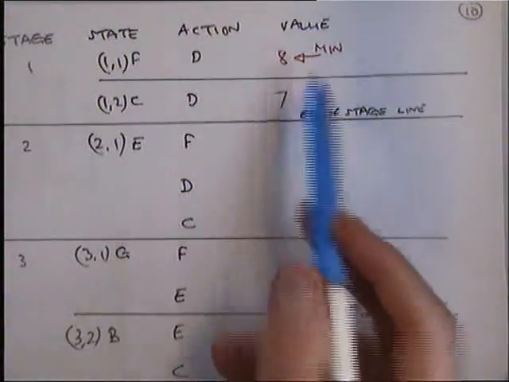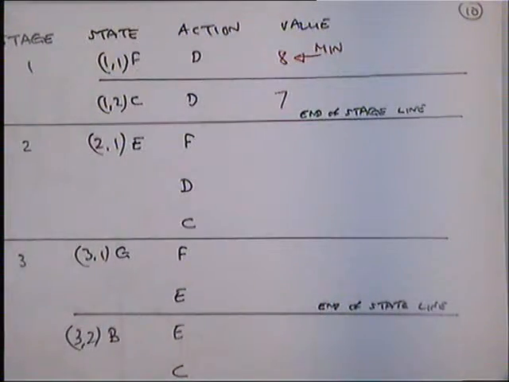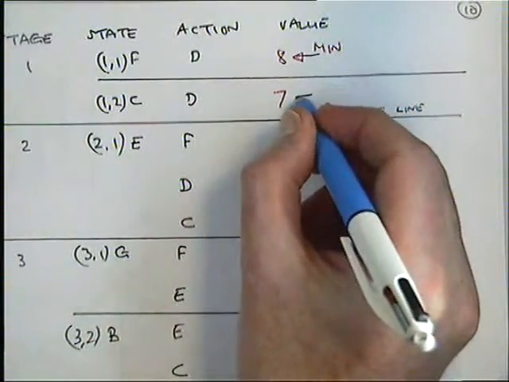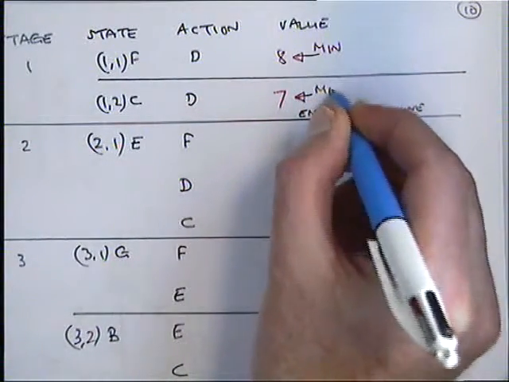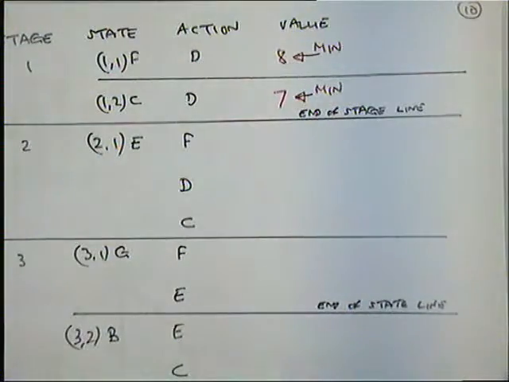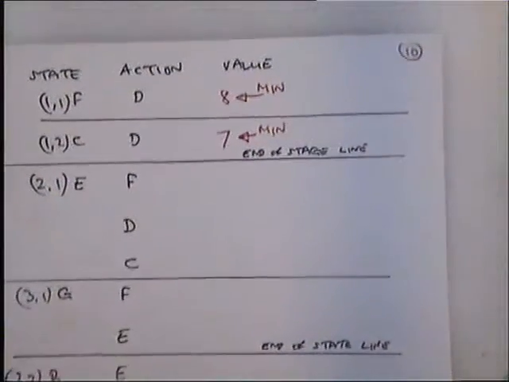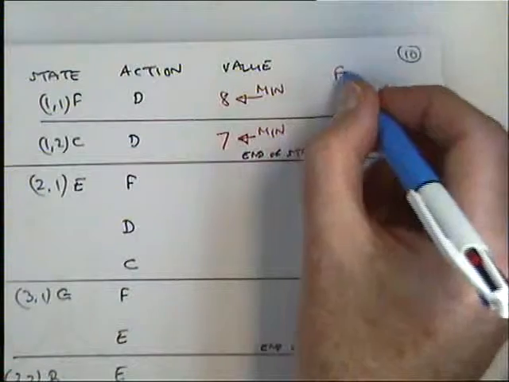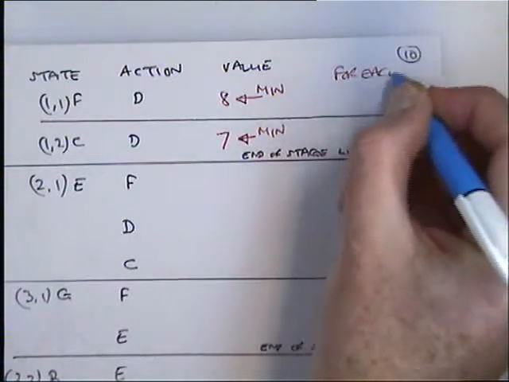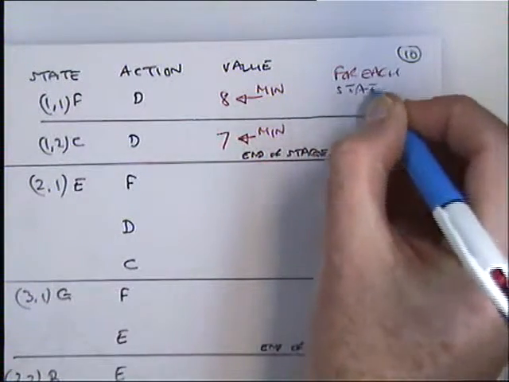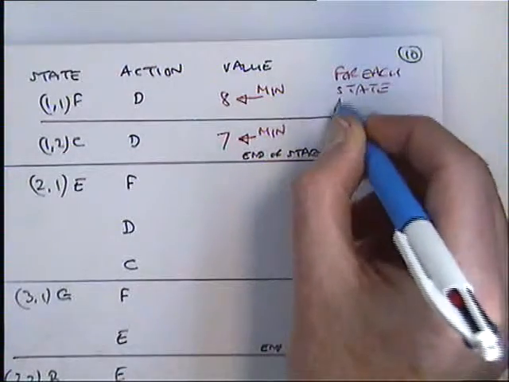Here, there's only one to choose. But if you look down here, there are going to be 3 we could choose. And in here, again, there's only one we could choose, and we're choosing our minimums. So, because this is the first one we're doing, if you could actually write down, what we do is for each state, we are arrowing the minimum.